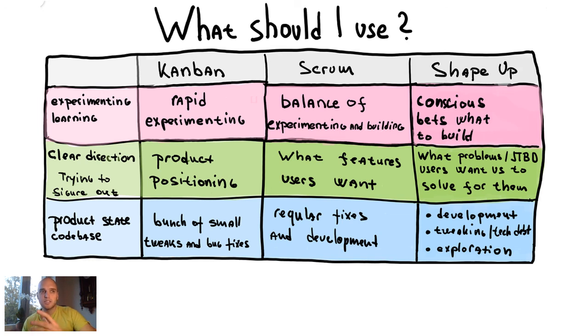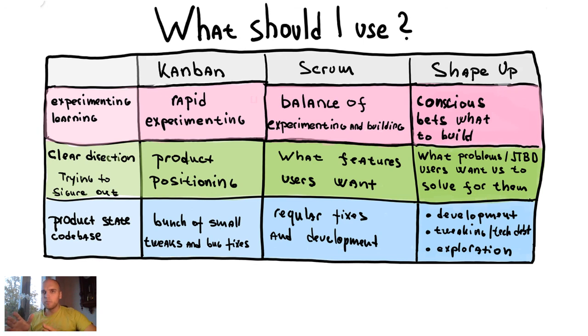Scrum, again, I feel is a sort of balanced approach where you always plan, okay, we will fix a couple of issues and then develop a few new features. In ShapeUp, I feel that they try to distinguish three phases. One is the development part: for 6 weeks now we are focusing on delivering this one thing, and we will really deliver it.